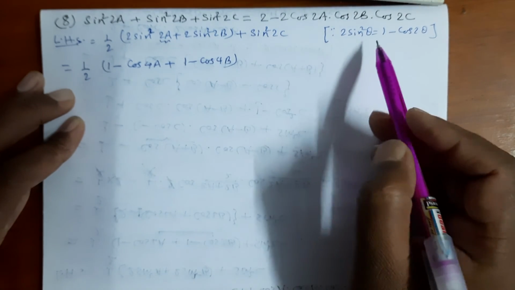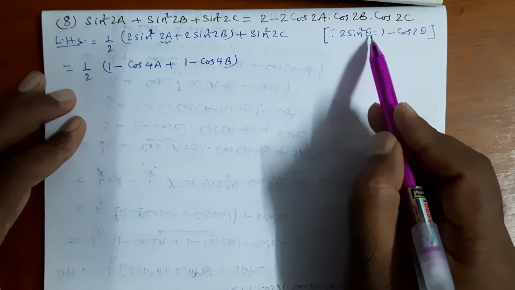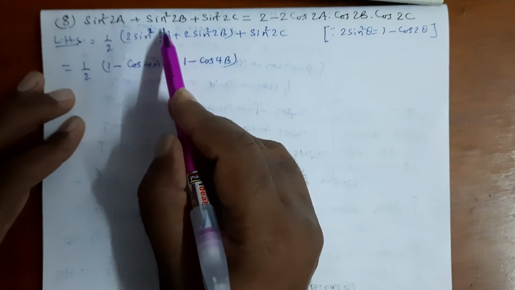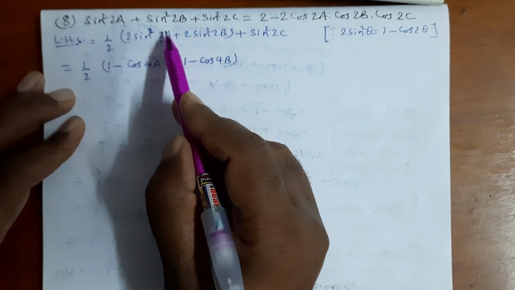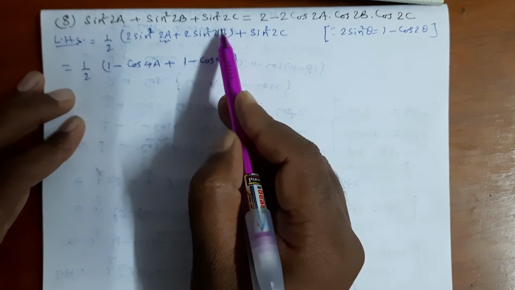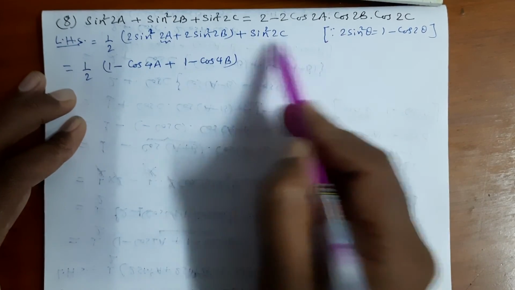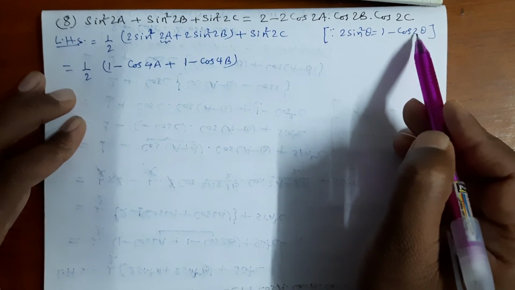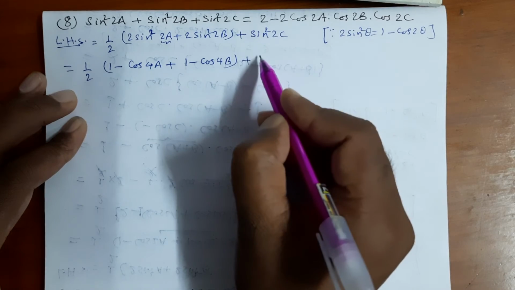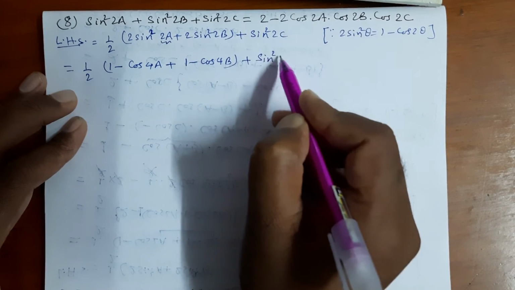In place of theta here 2b, so this 2b multiplied by 2 will be 4b. Plus at last we have sin square 2c.